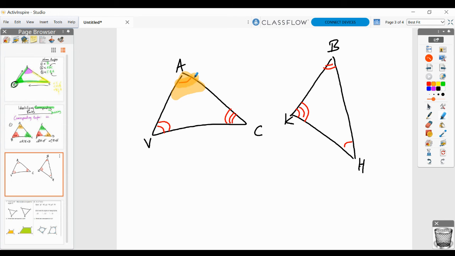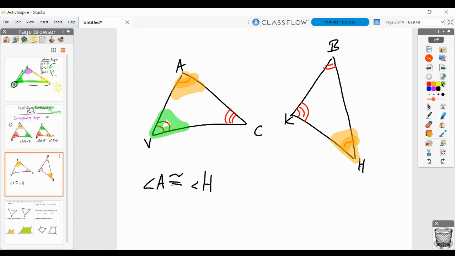So in our second triangle, we would look for the angle that also only has one arc, which would be right here, angle H. So those two angles, even though we don't know their exact numbers, we know that they're the same because they have the same number of arcs in them. So angle A would be congruent to angle H. And so we could follow that pattern all the way through.